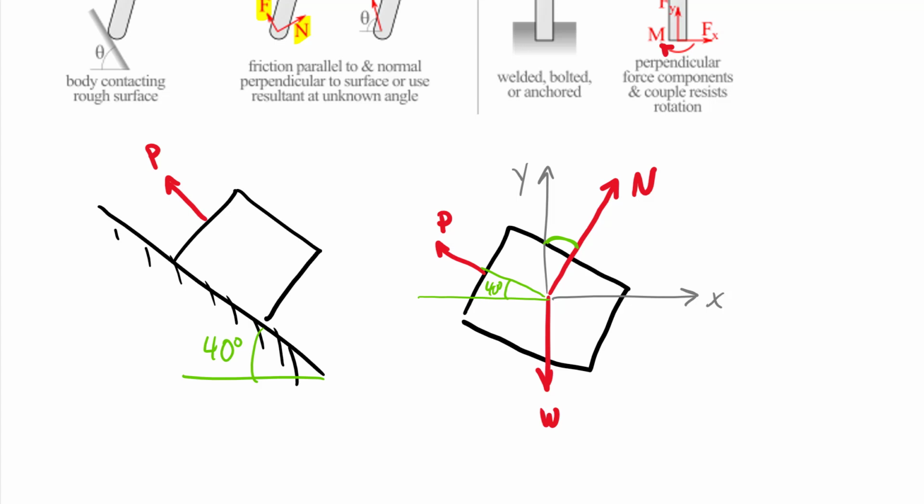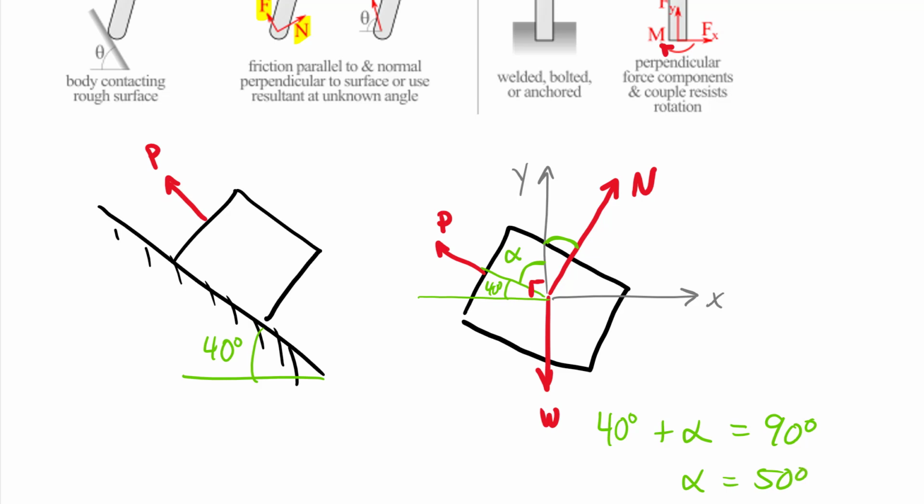That's the angle between horizontal and any line that's parallel to the surface. There's a third angle here, which I'm going to call alpha. Hopefully you can see that from horizontal to vertical, I can write an equation: 40 degrees plus alpha is equal to 90 degrees, therefore alpha must equal 50 degrees.